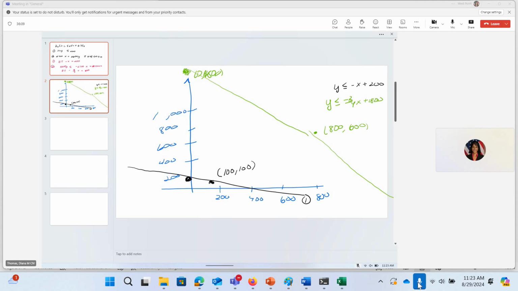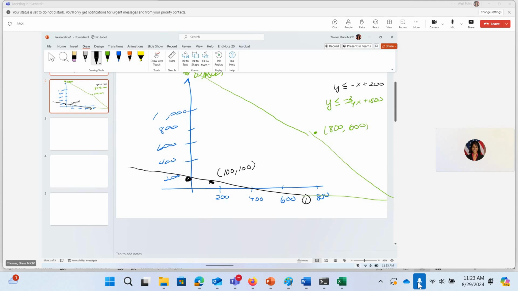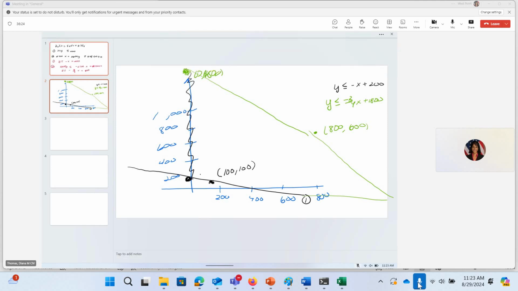That's what I'm seeing. I'm going to run it on Desmos just to make sure. And you can't see my Desmos calculator, but I want to make sure that my graphing was not so terrible that I can't see it. So if I go into Desmos and put y is less than or equal to minus x plus 200, and I get y is less than or equal to minus 3/4 times x plus 1800.